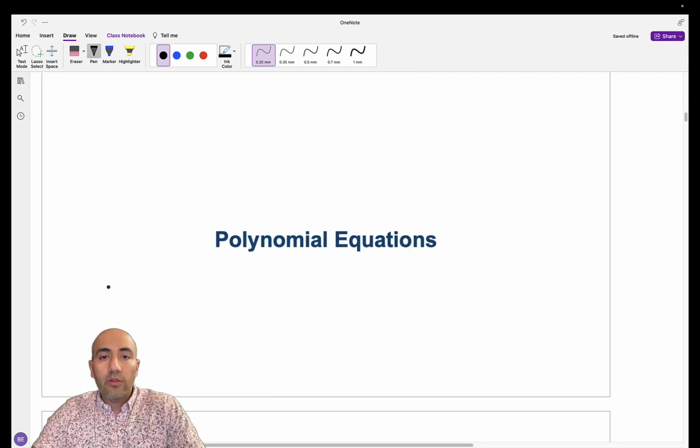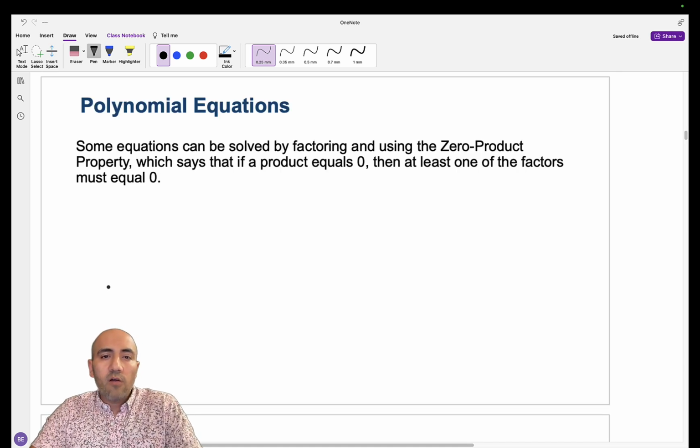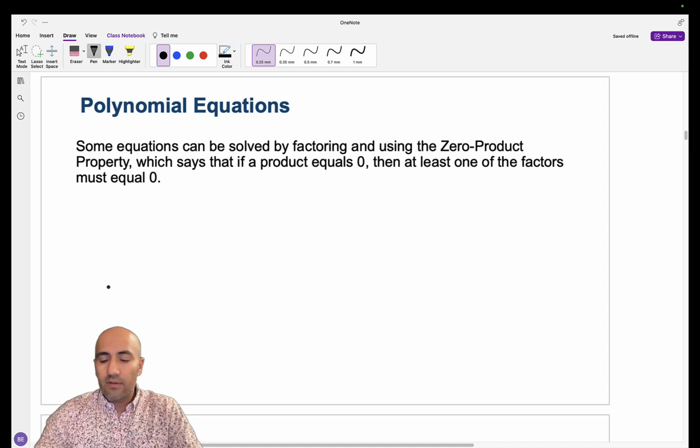Okay, so polynomial equations. Some equations can be solved by factoring and using the zero product property, which says that if a product equals 0, then at least one of the factors must be 0. If you recall, we've already run into that.